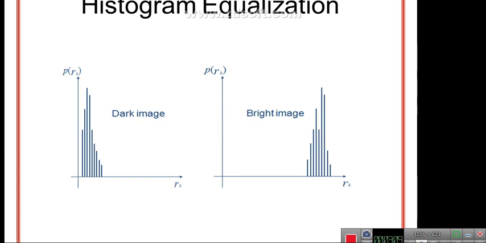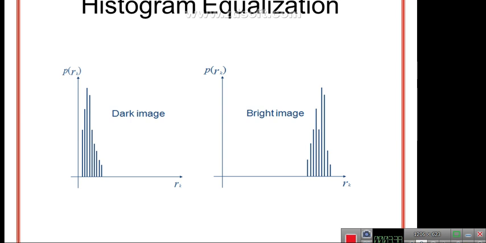Now histogram equalization. In a dark image, the pixel intensity values are low. The pixel gray level range is from 0 to 255. 0 represents a darkened image and 255 represents a whitened image. Between the dark and white, if the pixel intensities are very low, this is a dark image, and if pixel intensities are high, the image will become brighter.